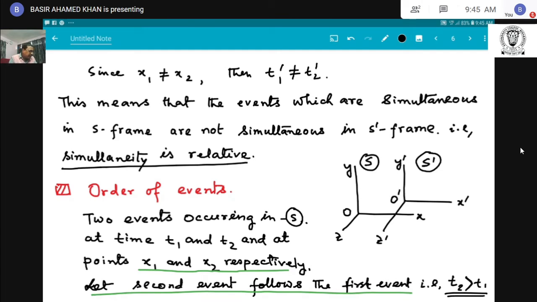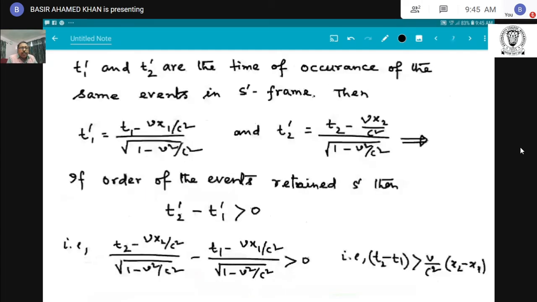Now if t1 prime and t2 prime are the times of occurrence of the same events in the S dash frame, then t1 prime equals this and t2 prime equals this.